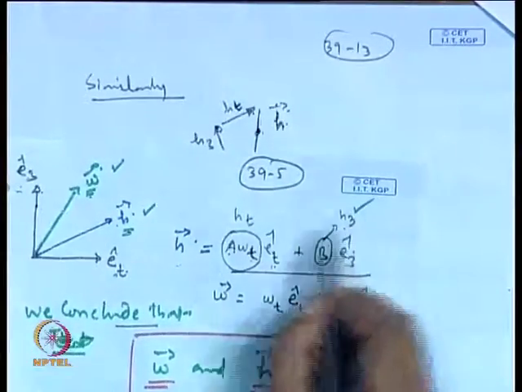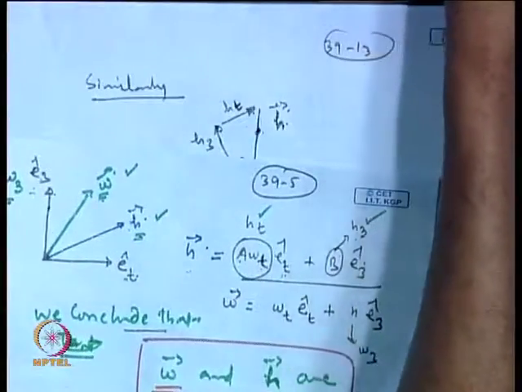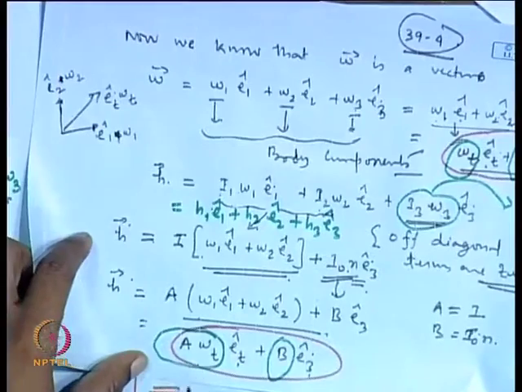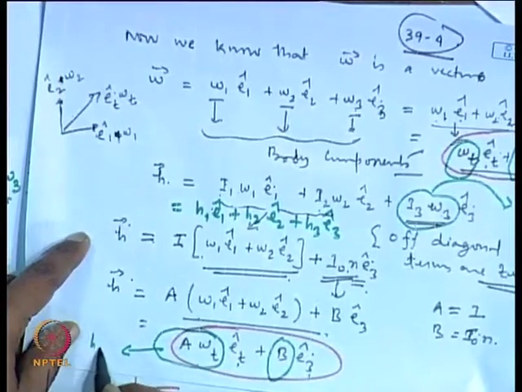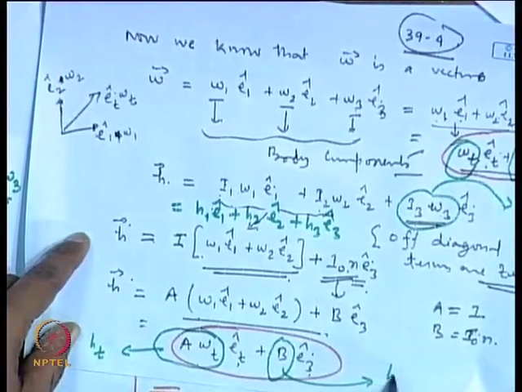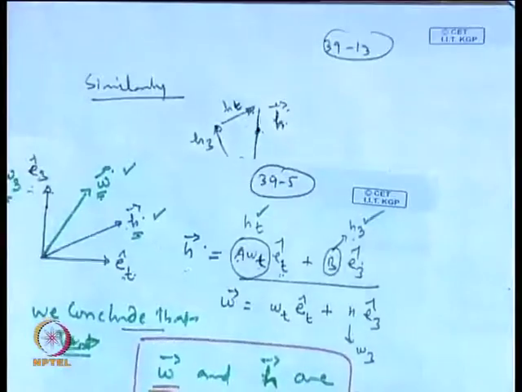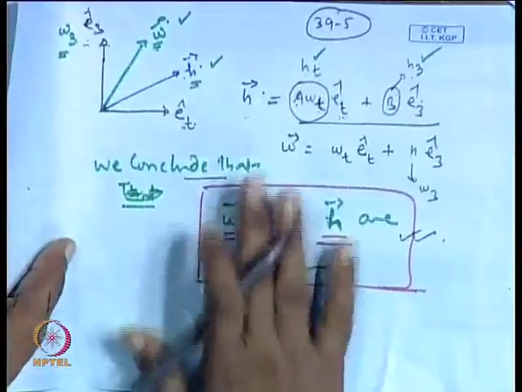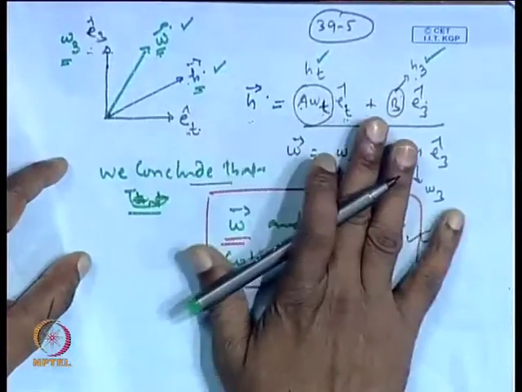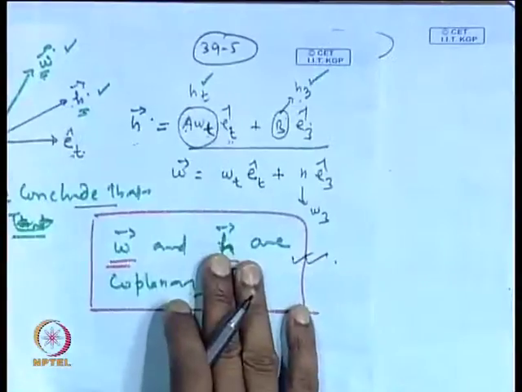So, this component is h 3 and this is h t, this is obvious, okay, and this can be reduced into this form. So, this is your h t and b is your h 3.